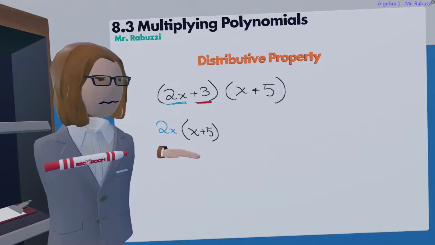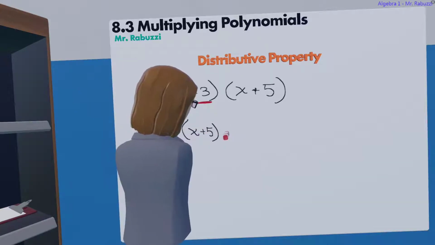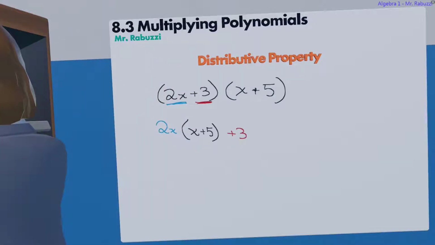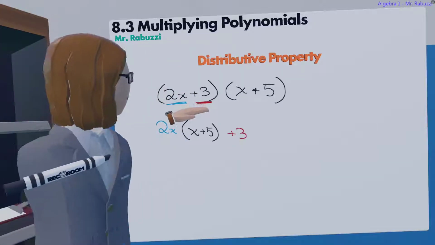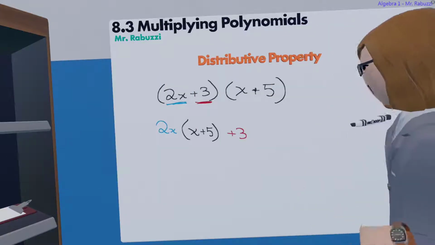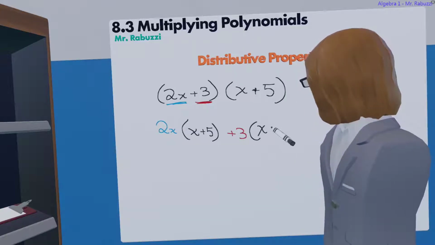That's part of it. Now we bring our second term that we separated. So it's going to be plus 3. And that 3 needs to also multiply with all of this parentheses. So it is x plus 5.